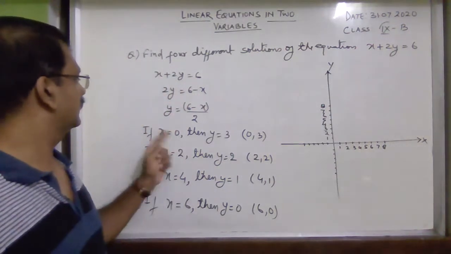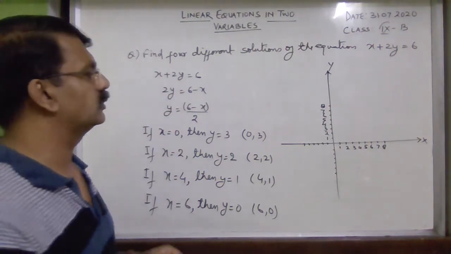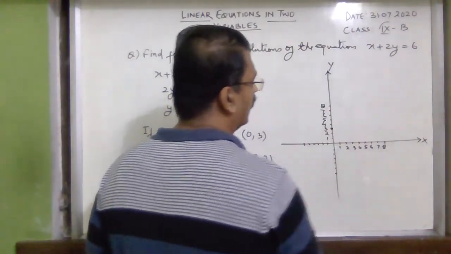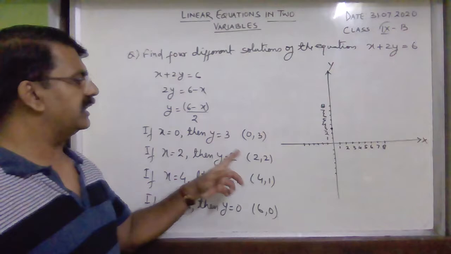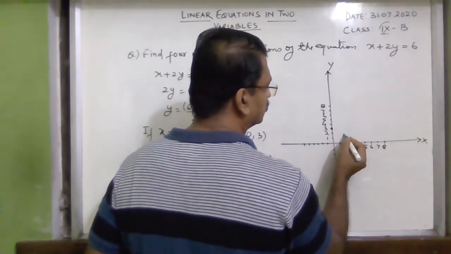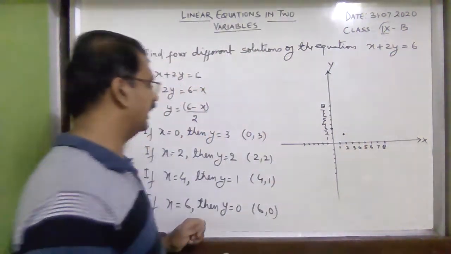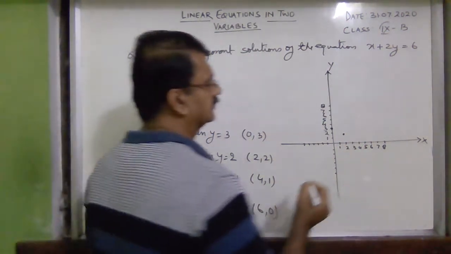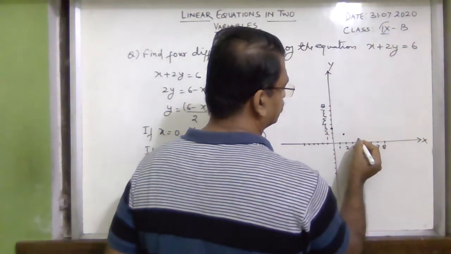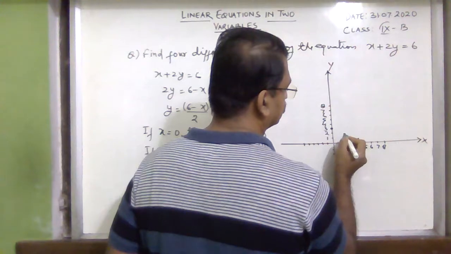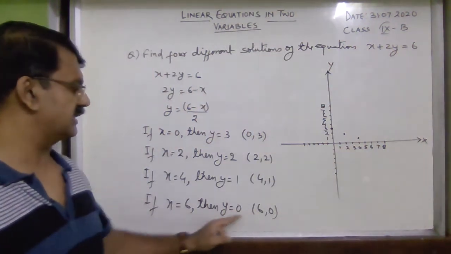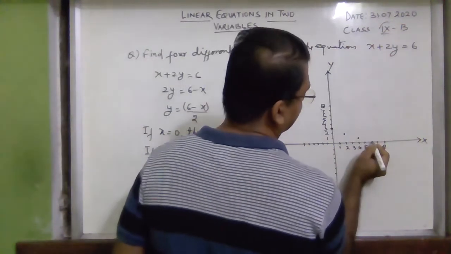Now you see the first value, when x is 0, y is equal to 3. When x is 0, y is 3 means this is the point. Then when x is 2, y is 2. Then when x is 4, y is 1. And when x is 6, y is 0.